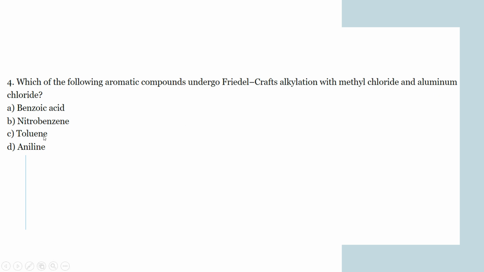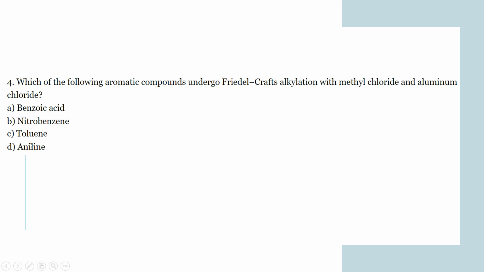The lone pair of the amine helps it make a salt with the Lewis acid AlCl3. So AlCl3 directly forms a salt with aniline, due to which it is not available for the generation of the electrophile. In the mechanism, what we saw, aluminium trichloride reacted with the alkyl halide, generating the alkyl electrophile.